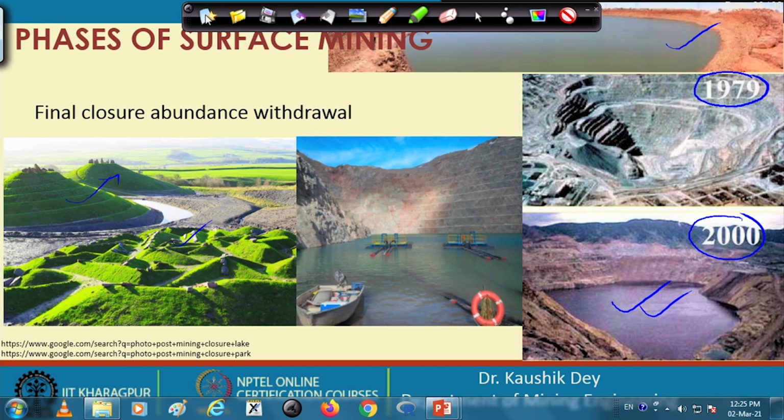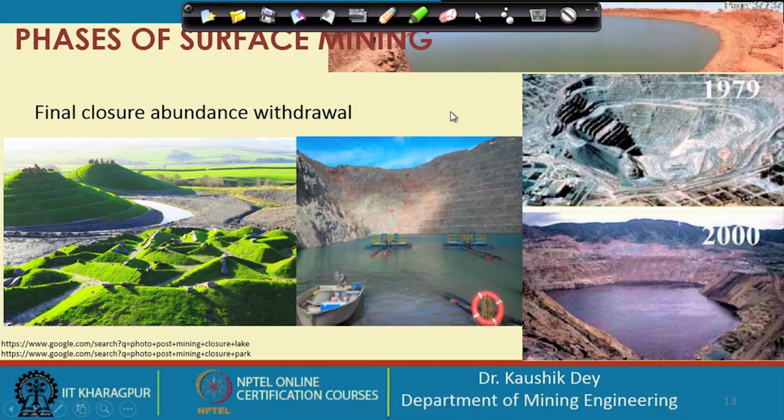In fact, in India also some of the Tata Steel mines are converted to a plantation park with economic plantations, those things are converted beautifully for post mining land use.